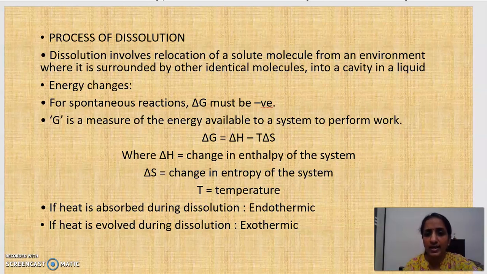For a spontaneous reaction, delta G, which is the Gibbs energy, must be negative. G is a measure of the energy available to a system to perform work and given by delta H minus T delta S. Delta H is the change in the enthalpy of the system, delta S is the change in entropy of the system, and T is the absolute temperature.